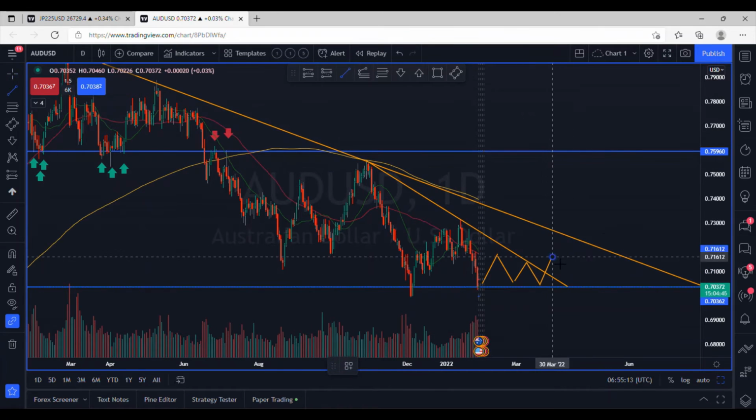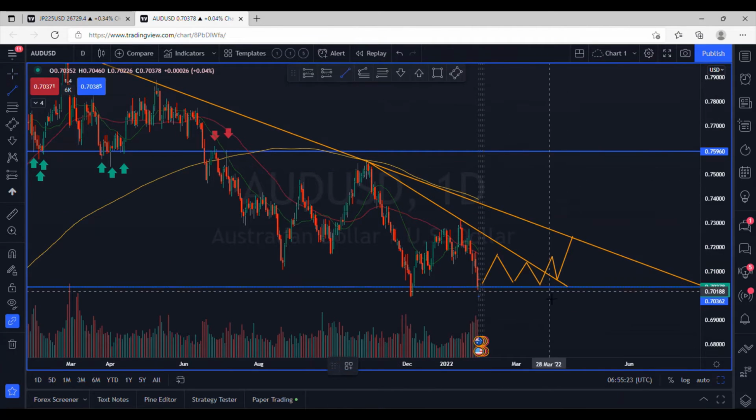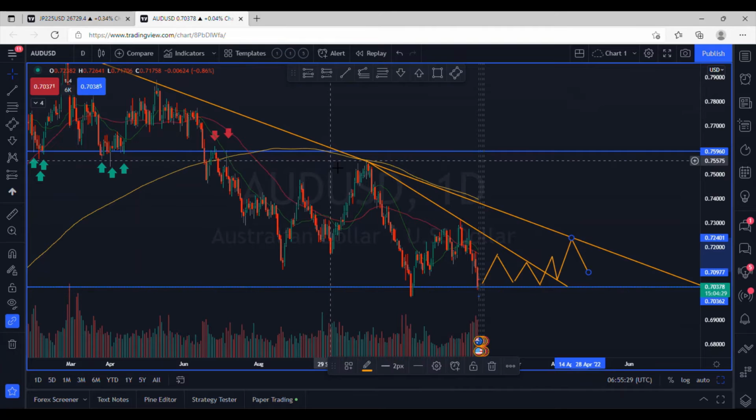And then you'll get a breakout, you'll get a pullback, and then you'll get another rollover again, basically.